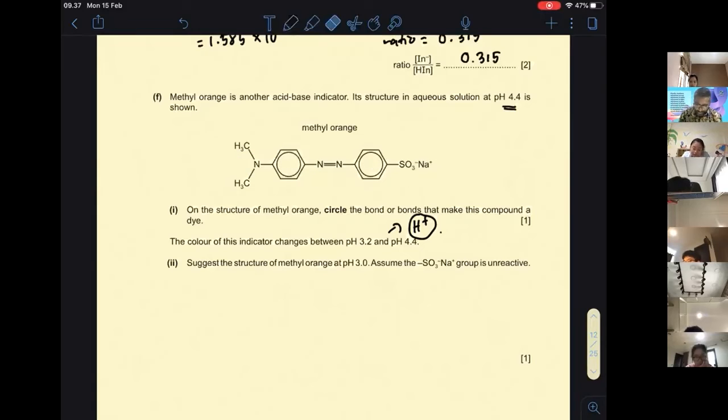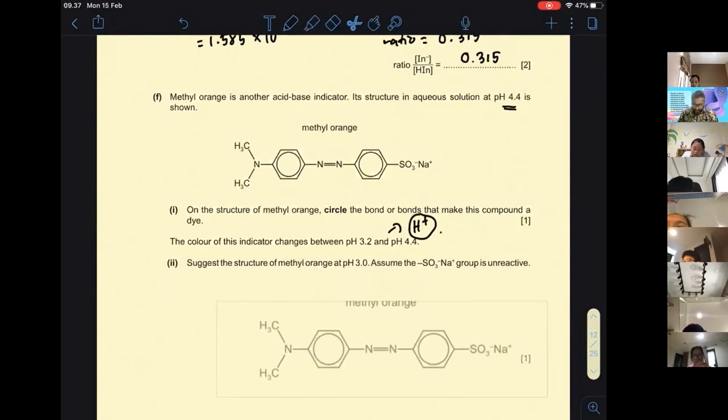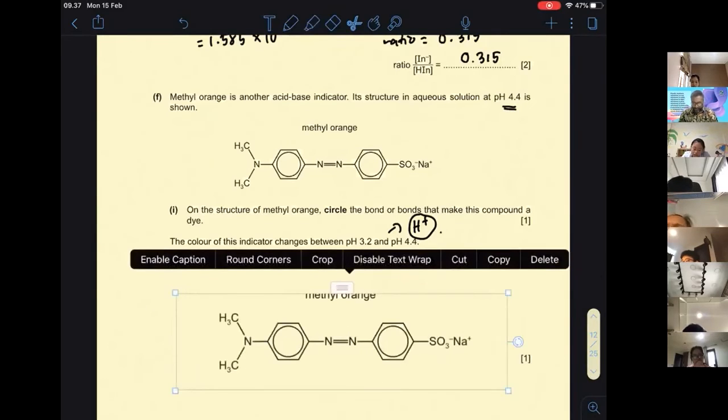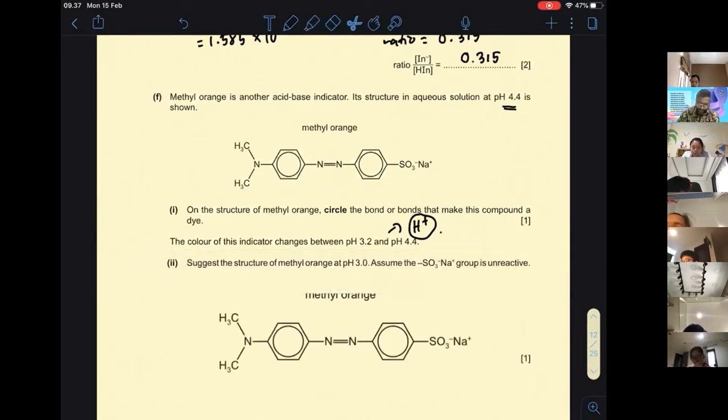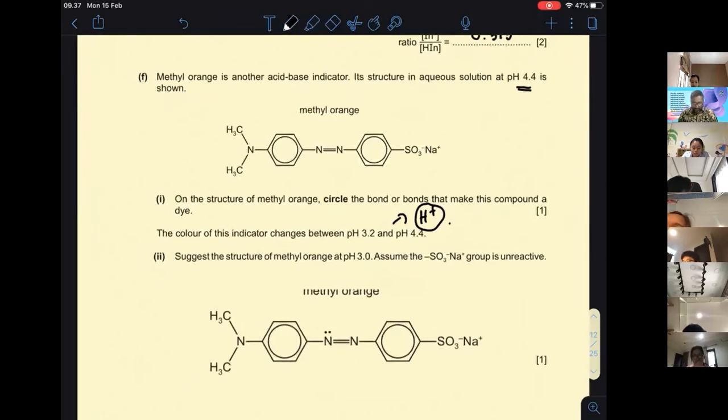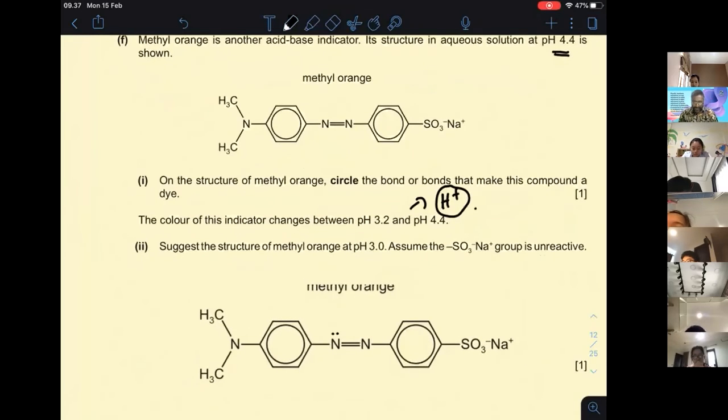Let me draw this again. What I will suggest is that I take this nitrogen, for example. This nitrogen will join with the H plus.